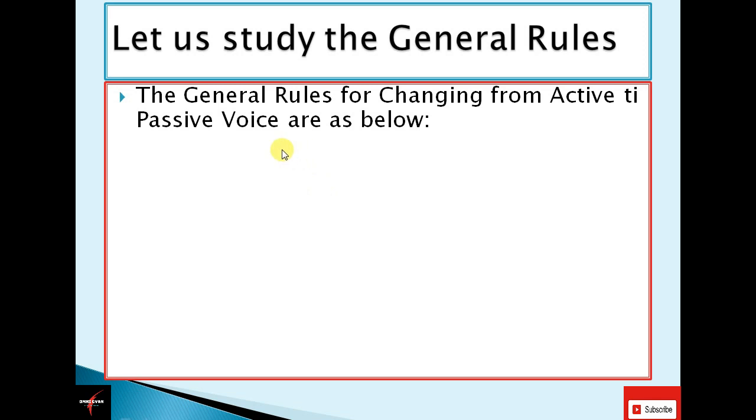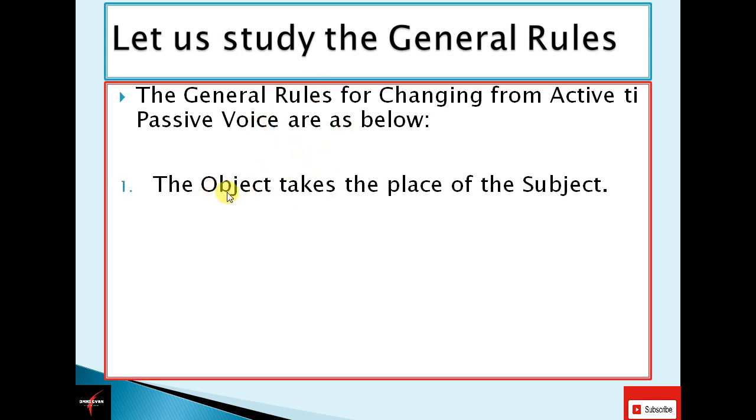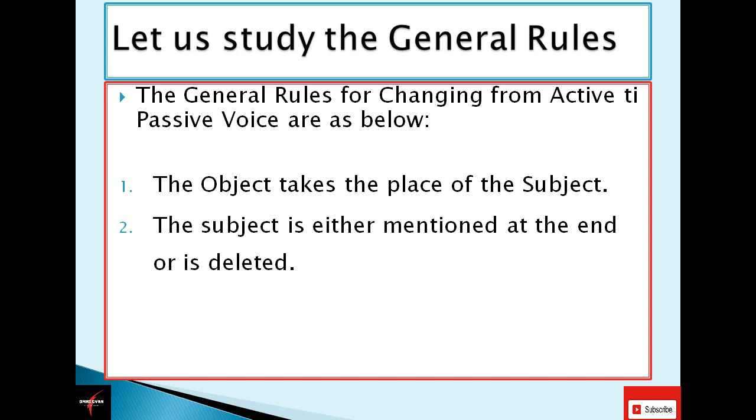You can look at the rules below. The object takes the place of the subject. Subject and object get interchanged. Next, as we have seen earlier, the subject is either mentioned at the end or is deleted. How the subject sometimes gets deleted, we will learn later, not now. We'll move on systematically.